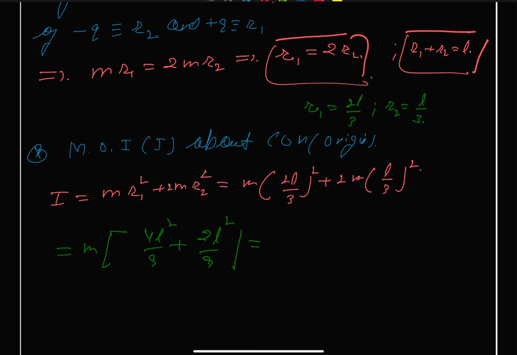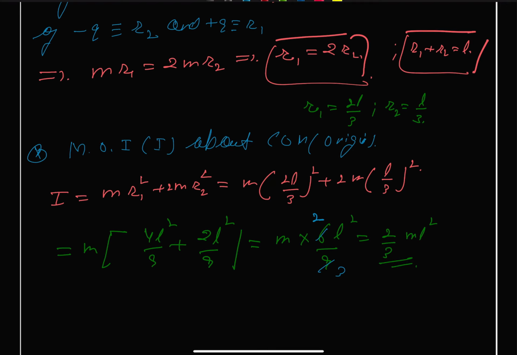This cancels by 3 and by 2, so we get moment of inertia equal to 2 by 3 m L square. So we found the value of our I.